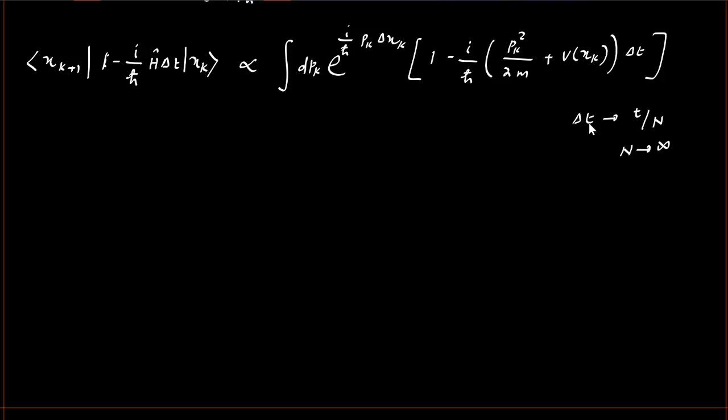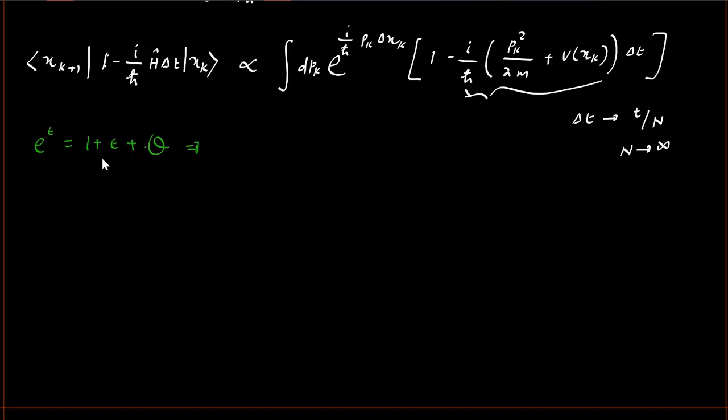Okay, so when delta t is very small, that means this term is very small. So I can just introduce, we know that e to the power epsilon, where epsilon is very small, I can express it as 1 plus epsilon plus some higher order terms that we can ignore, and then I can write it as this thing.